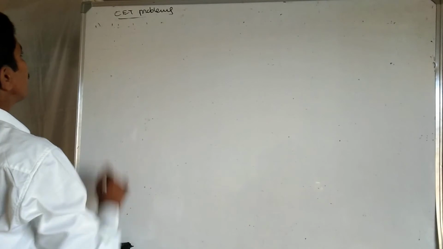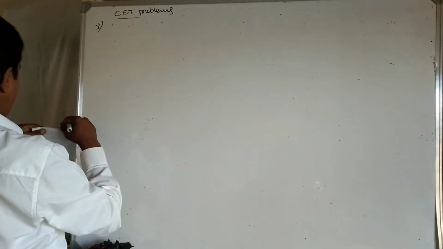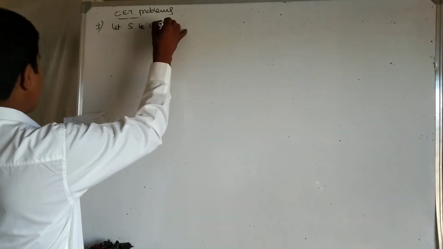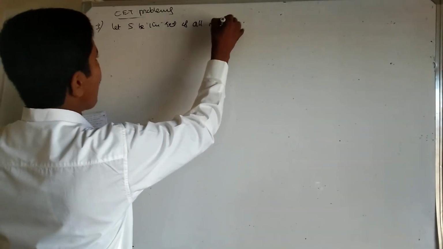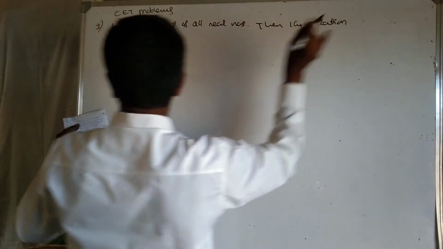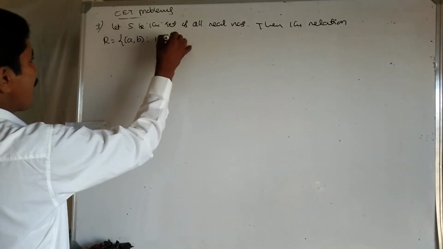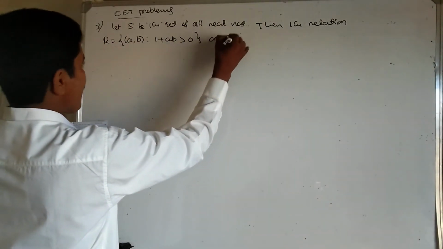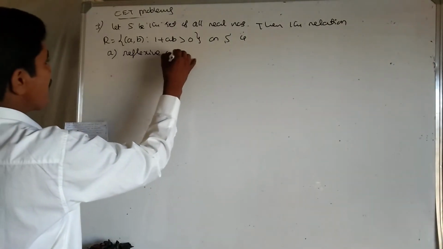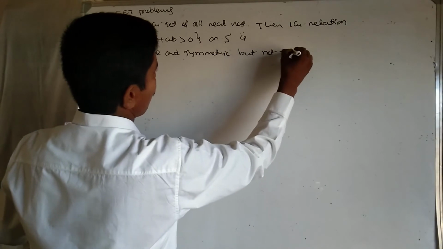Next, third problem. Let S be the set of all real numbers, then the relation R equal to (A, B) such that 1 plus AB is greater than 0 on S is: A option, reflexive and symmetric but not transitive.